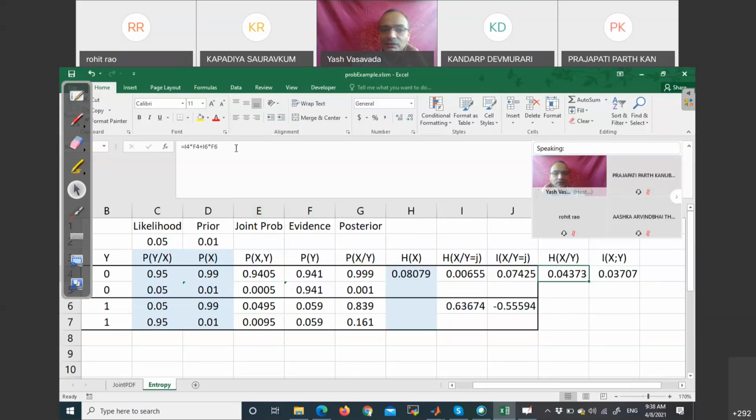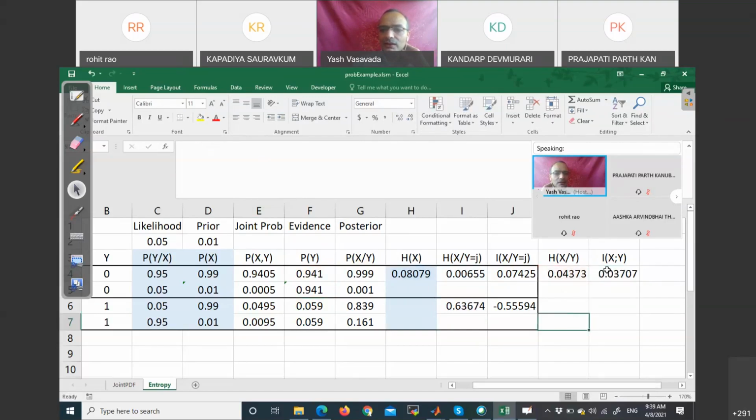So this is the average of the two. Here I'm doing the average entropy. I'm taking the conditional entropy and multiplying by the corresponding value of y, and then just adding them up, so that this is the average conditional entropy. Compared to the original entropy, it went down.